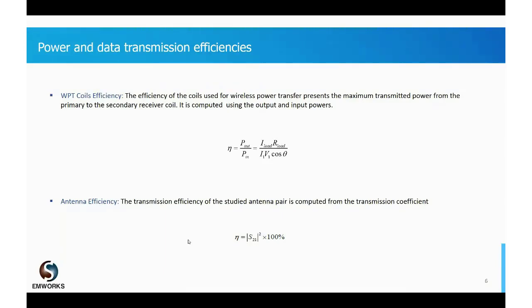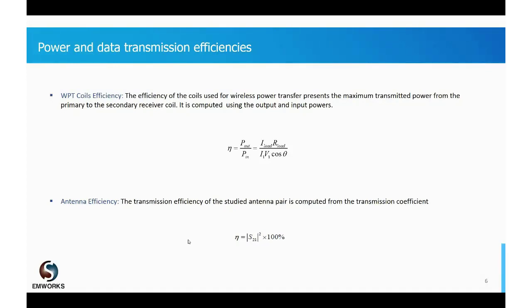Then for the antennas, we have two antennas, and we are transmitting from one. One is acting as a transmitter and one as the receiver, and that link is bidirectional and entirely reciprocal or symmetrical. So really the transmission coefficient between the two, through the tissue with its biological and electromagnetic properties, would be our transmission efficiency.